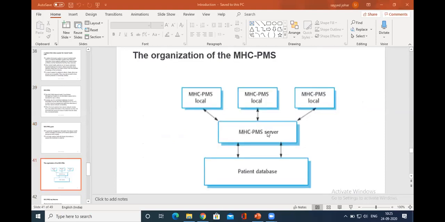So this is a diagram that illustrates the organization of this MHC-PMS.